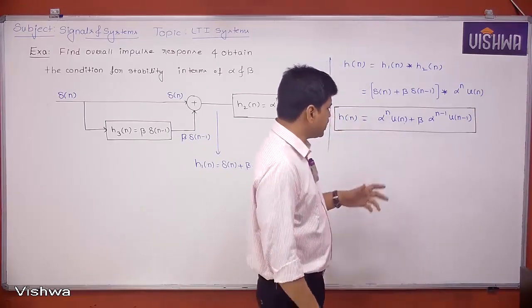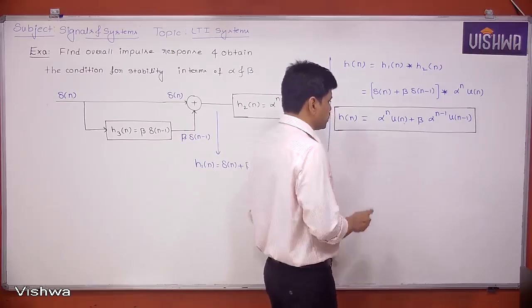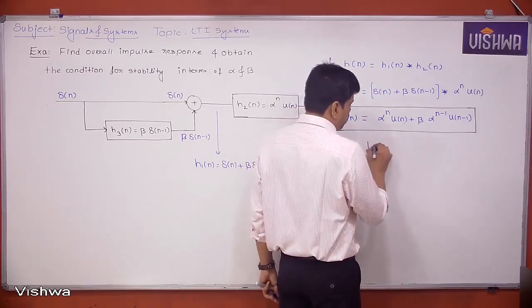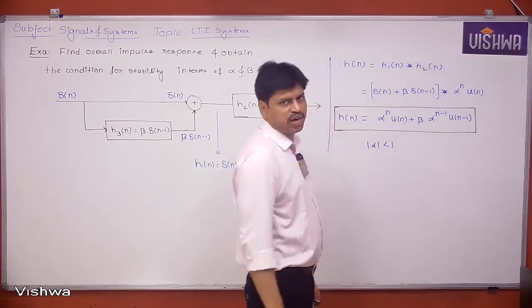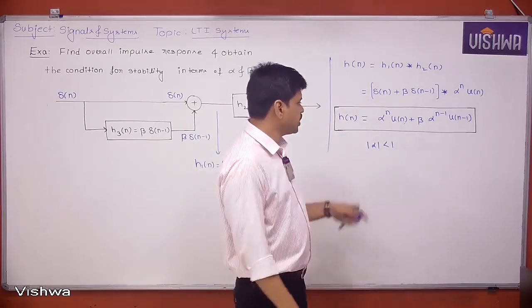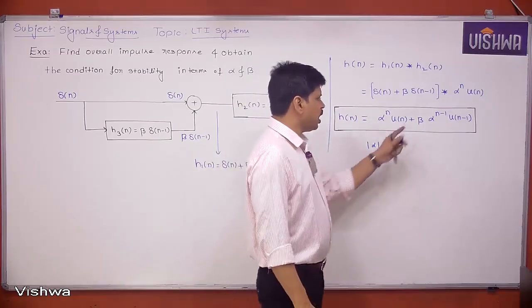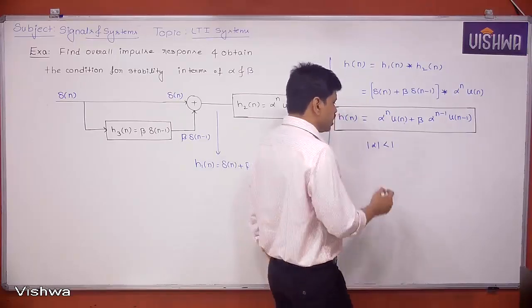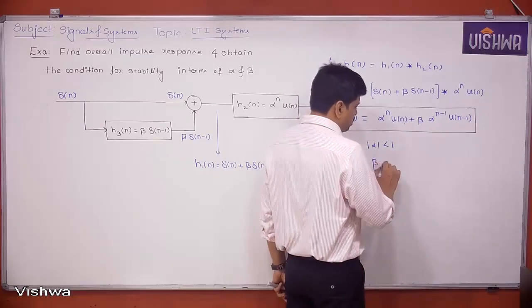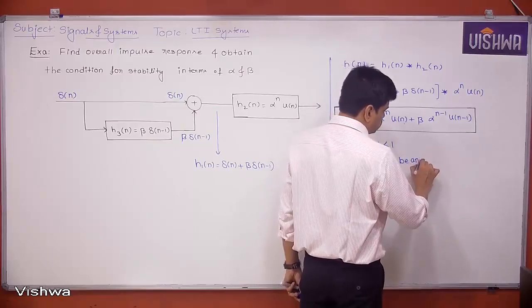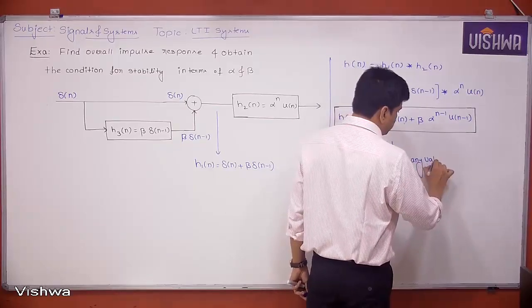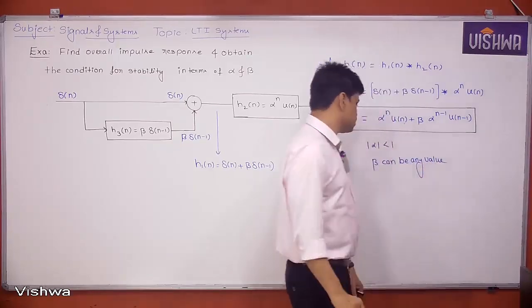So to say it is a decaying exponential, we have to say mod alpha less than 1. Then we can say decaying exponential. And beta is simply a constant. It can be any value. There is no restriction on beta.